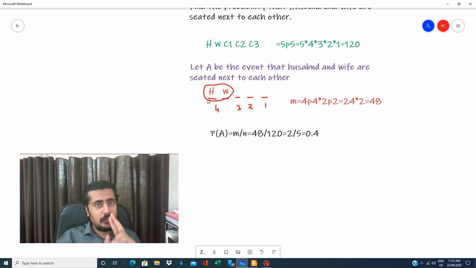They are not two persons, they are one person for the calculation. So it's one, two, three children, and this is not four, five, it's one, two, three, and four. So 4P4 into 2P2. What was 2P2? That means husband and wife can interchange.